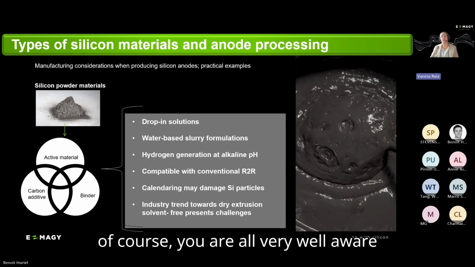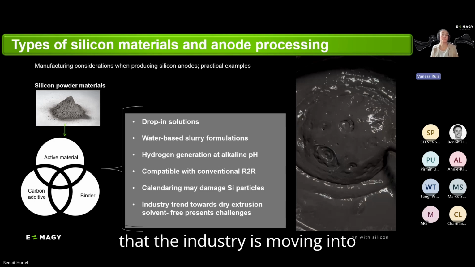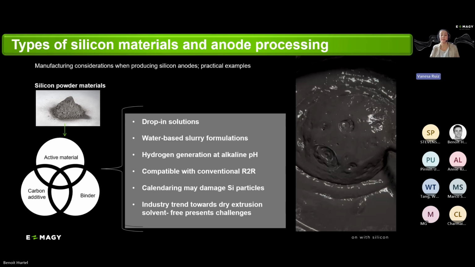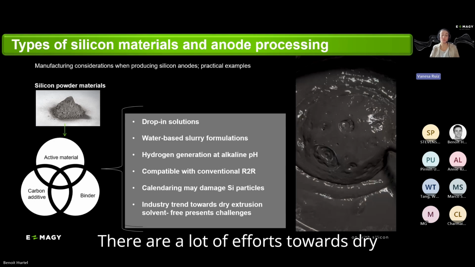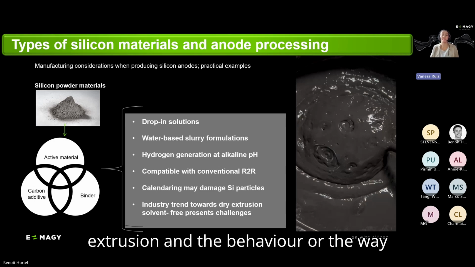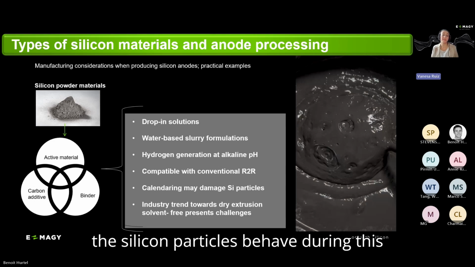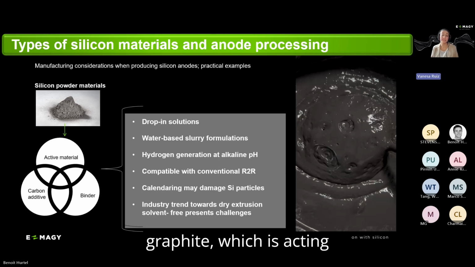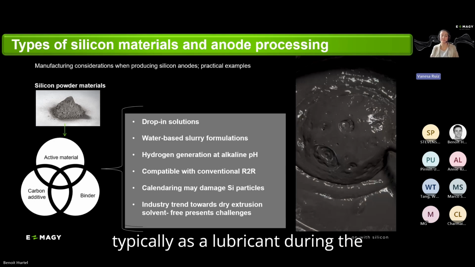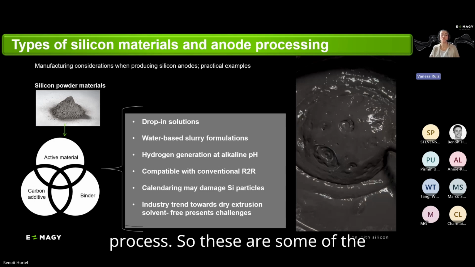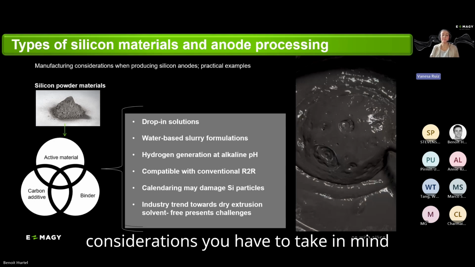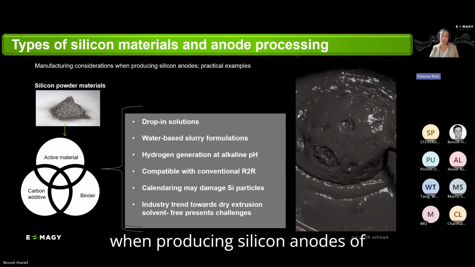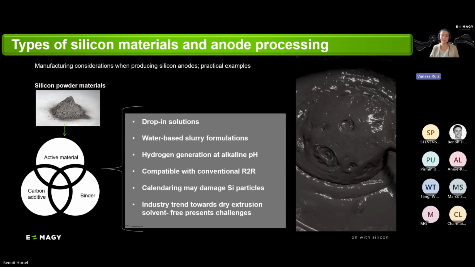And of course, you are all very well aware that the industry is moving into processes that are solvent-free. There are a lot of efforts towards dry extrusion, and the way the silicon particles behave during this process is very different compared to graphite, which typically acts as a lubricant during the process. So these are some of the considerations you have to keep in mind when producing silicon anodes of this type.